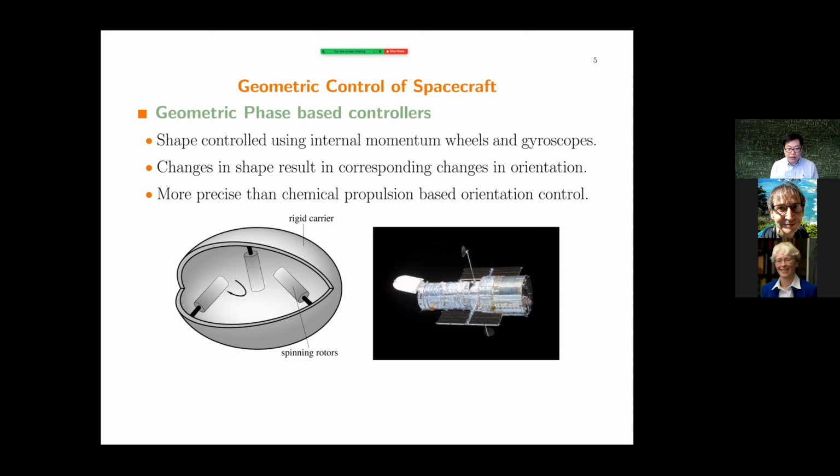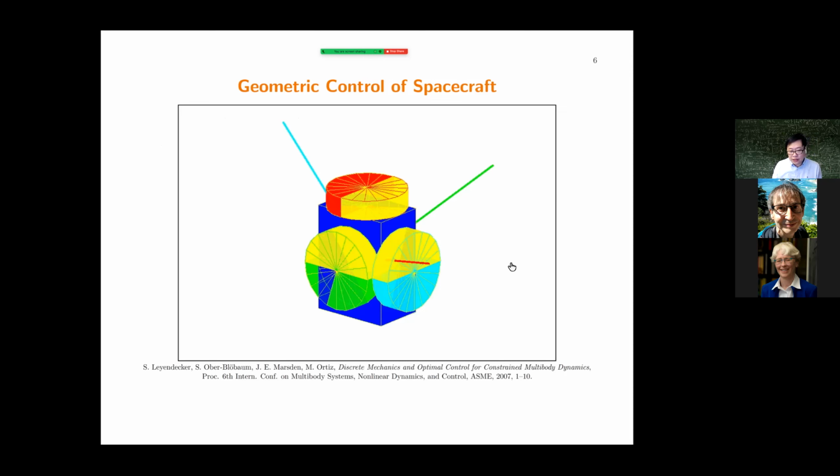If you were to directly actuate the rotational dynamics of the satellite via thrusters, applying a torque to the satellite, then obviously it will rotate, but it's very difficult to cancel that rotation out exactly so that it ends up stationary, because the thrusters are not really that precise and there's no dissipation in space. So these types of geometric phase controllers are preferable for attitude control of satellites for that reason. This is another simple illustration of this.